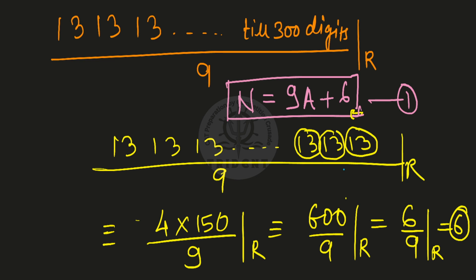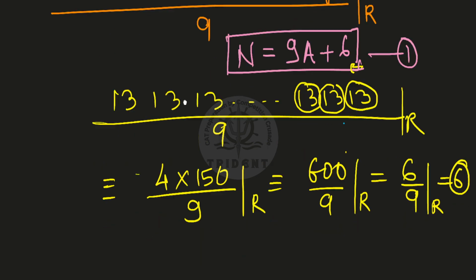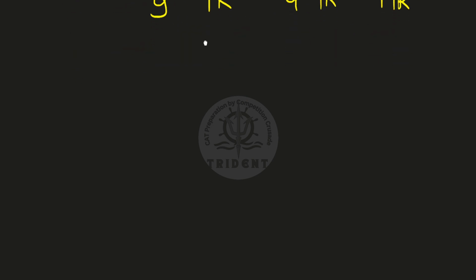Now let me divide the same number by 11. It's a little bit of a laborious task, so you will have to keep remembering the ideas simultaneously. So 1 3 1 3 1 3 dot dot dot 1 3 1 3 1 3. Now there are several ideas to find the remainder when you divide this thing by 11.